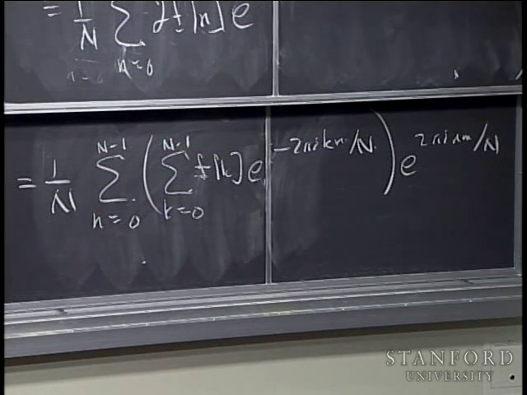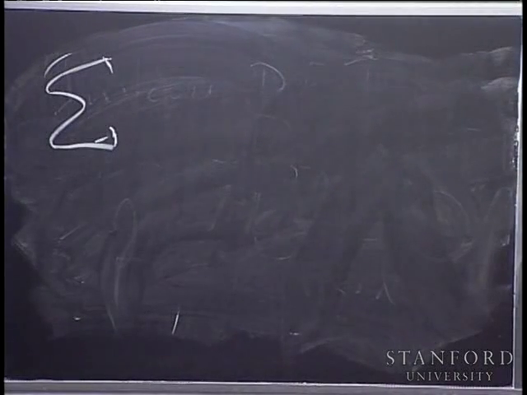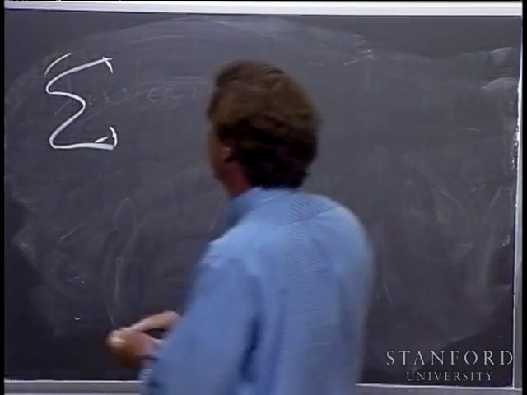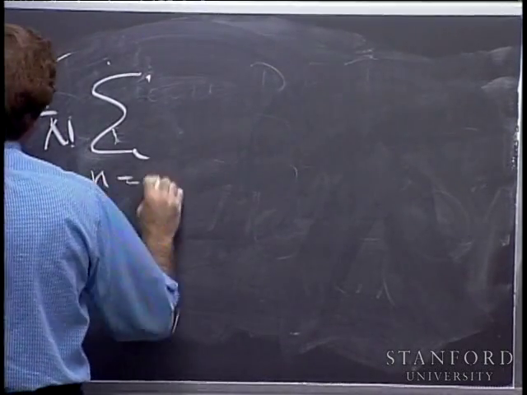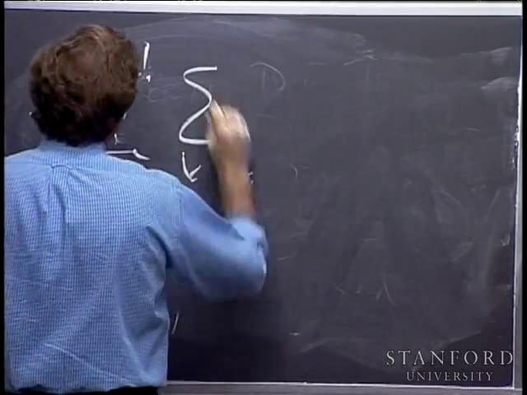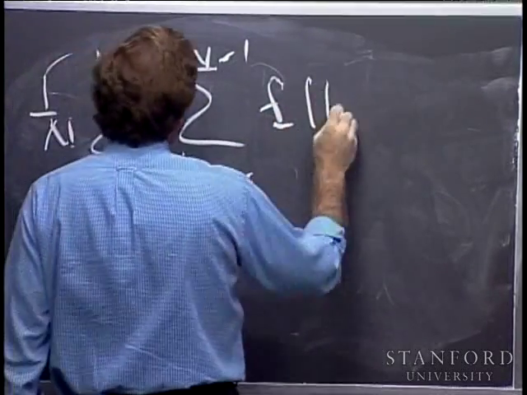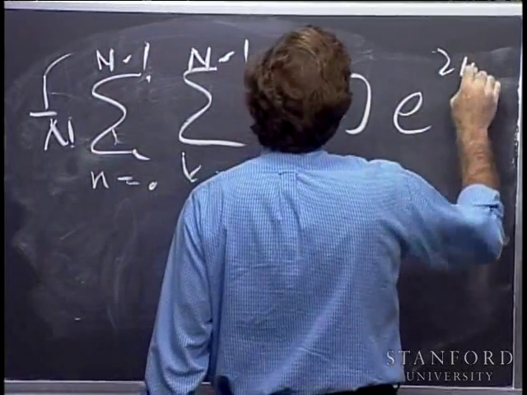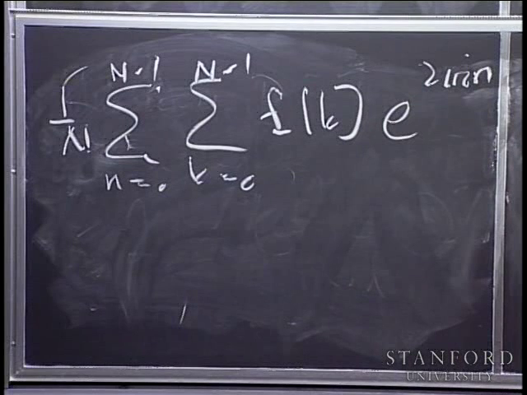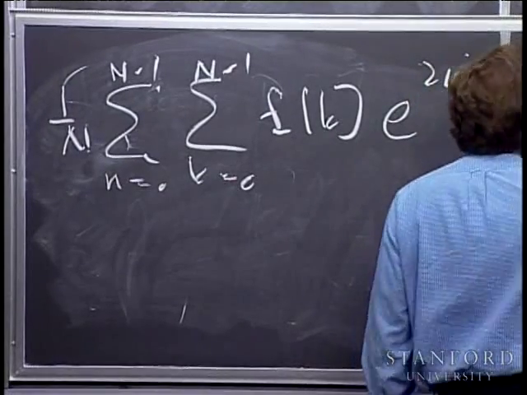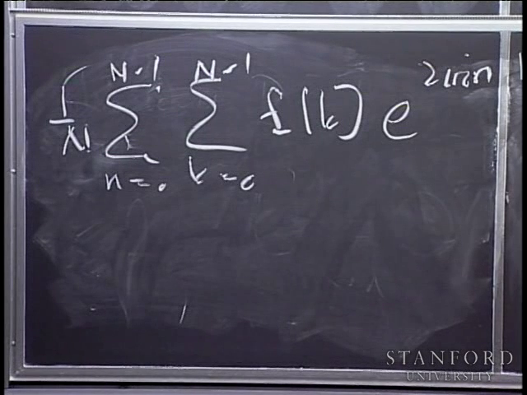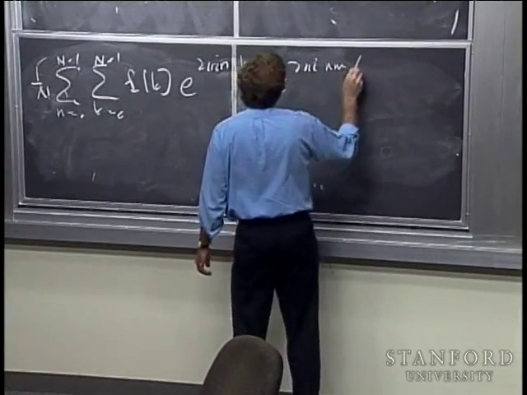So that's 1 over N times the sum from n equals 0 to N minus 1, sum from k equals 0 to N minus 1 of f of k times e to the 2 pi i n k over N times e to the 2 pi i n m over N. And I see I got this wrong.